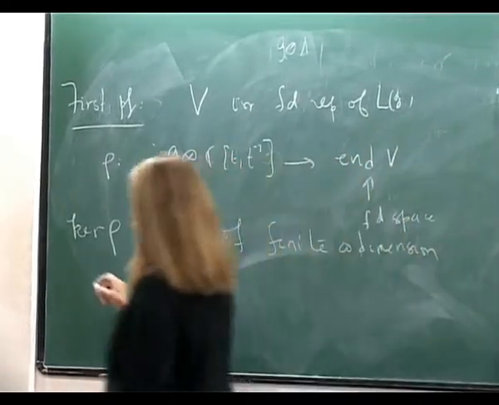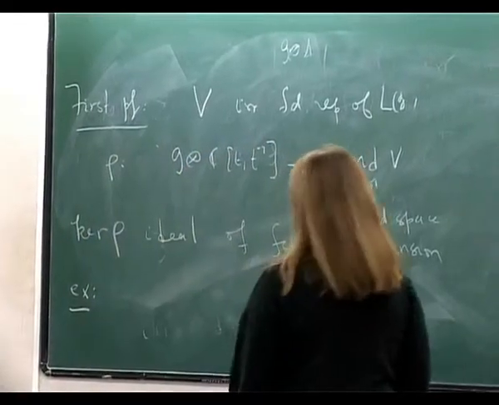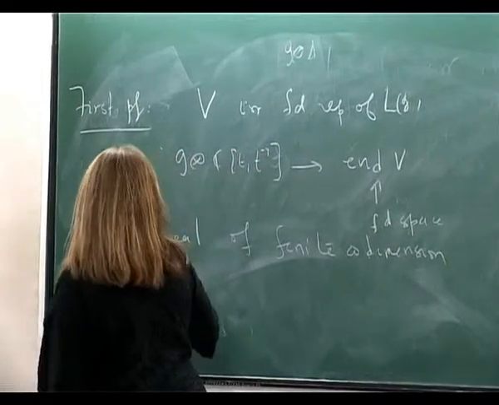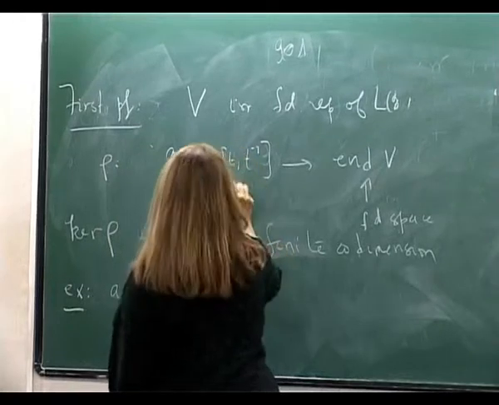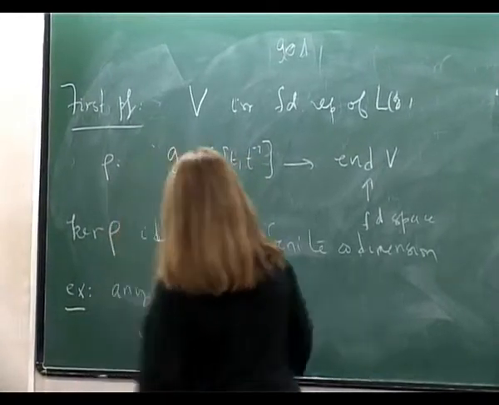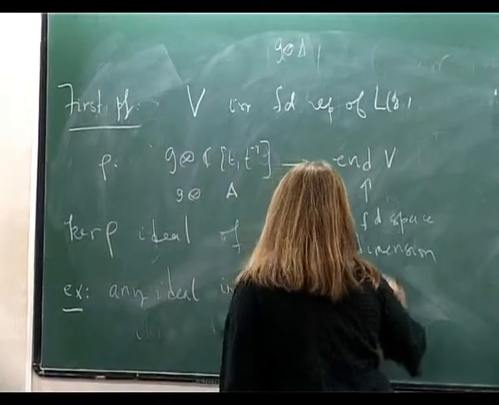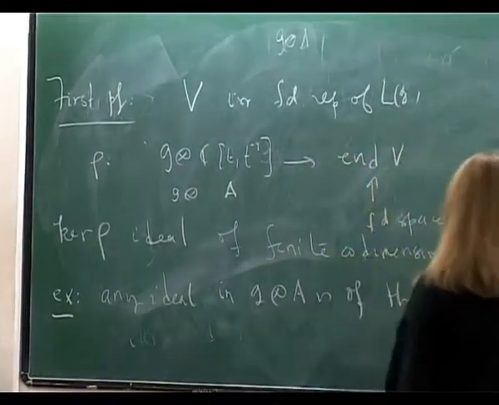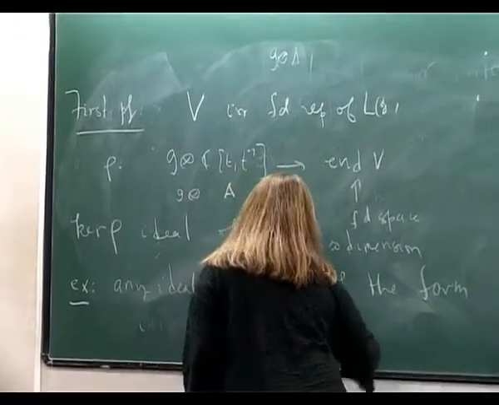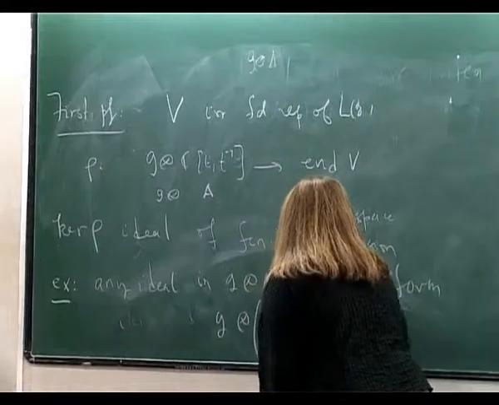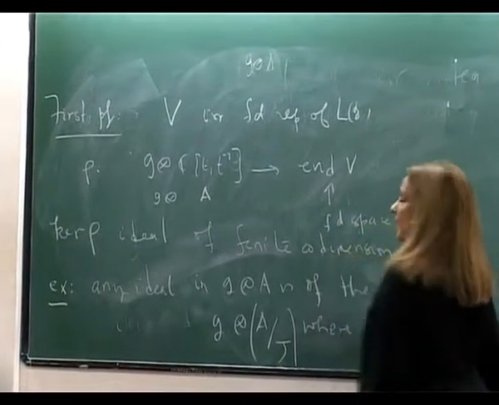It's a little exercise using the representation theory of simple Lie algebras, an exercise worth doing, that any ideal in G tensor A, I'm writing C[t, t inverse], but this could just as well have been G tensor A, is of the form G tensor J, where J is an ideal in A, as long as G is simple.